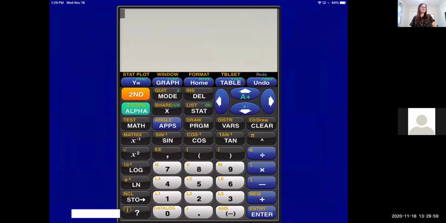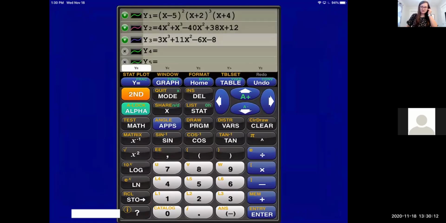It does a similar job as your TI-83 would, your regular basic one. What's nice about this, that is less easy with Desmos, is that when you have your function typed in, I think I typed this one in, this blue one, 3x cubed plus 11x squared minus 6x minus 8, that was the one we're working with.